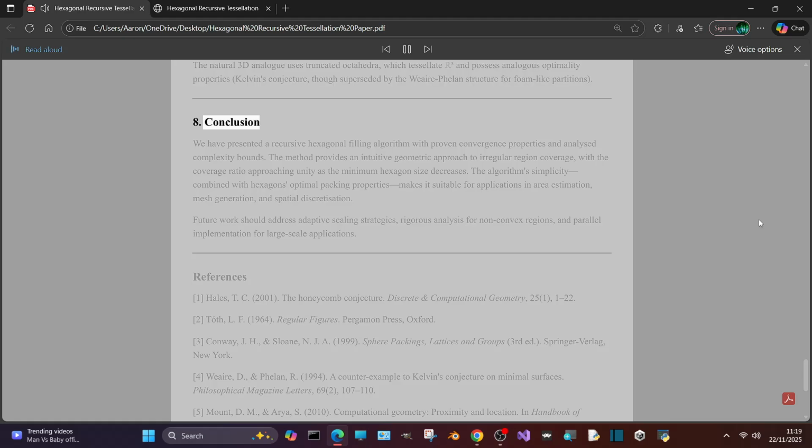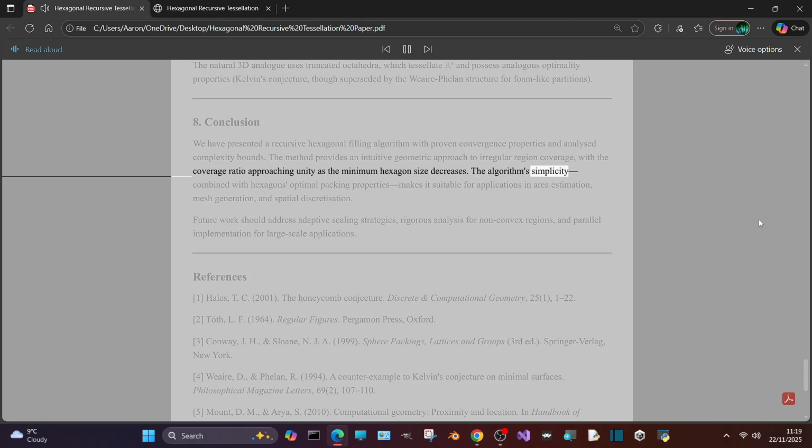8. Conclusion. We have presented a recursive hexagonal filling algorithm with proven convergence properties and analyzed complexity bounds. The method provides an intuitive geometric approach to irregular region coverage, with the coverage ratio approaching unity as the minimum hexagon size decreases.